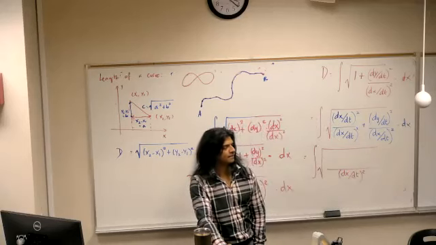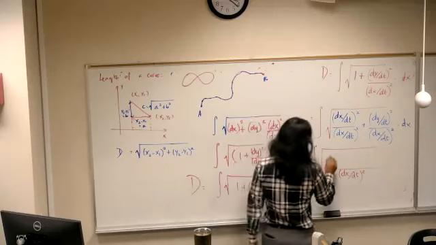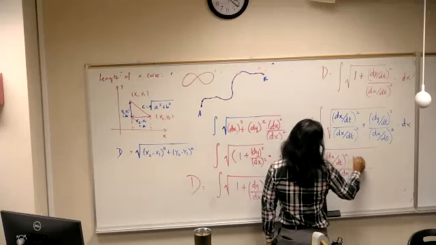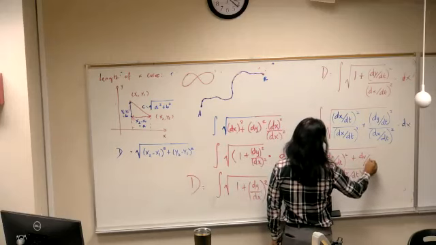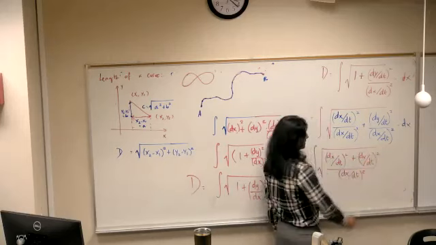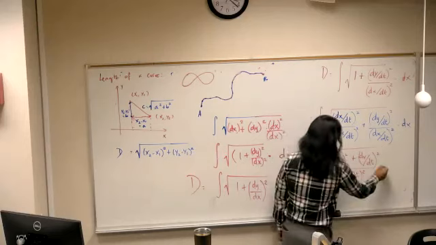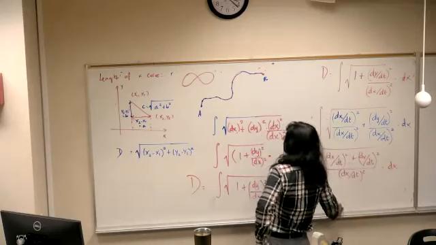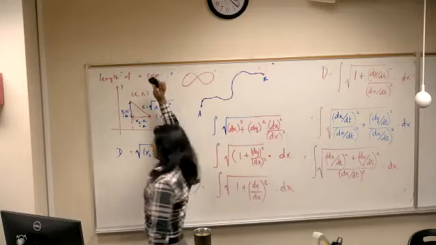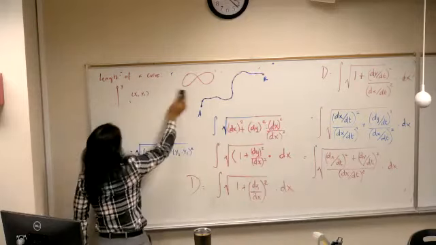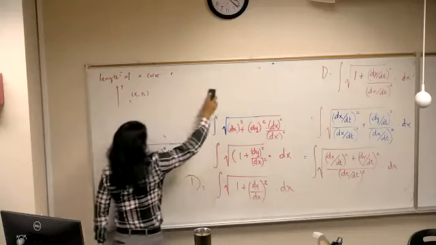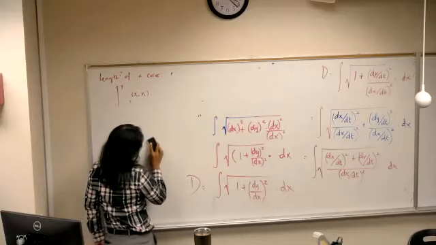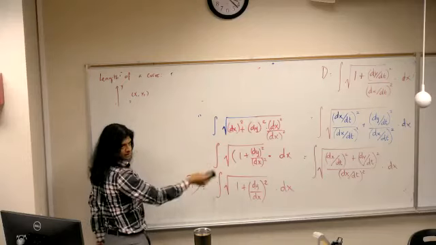So dx over dt squared plus dy over dt squared times dx. Good.